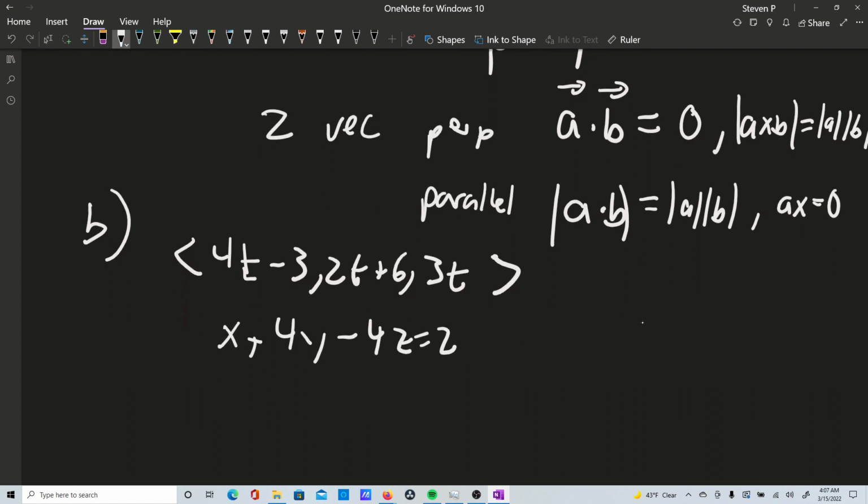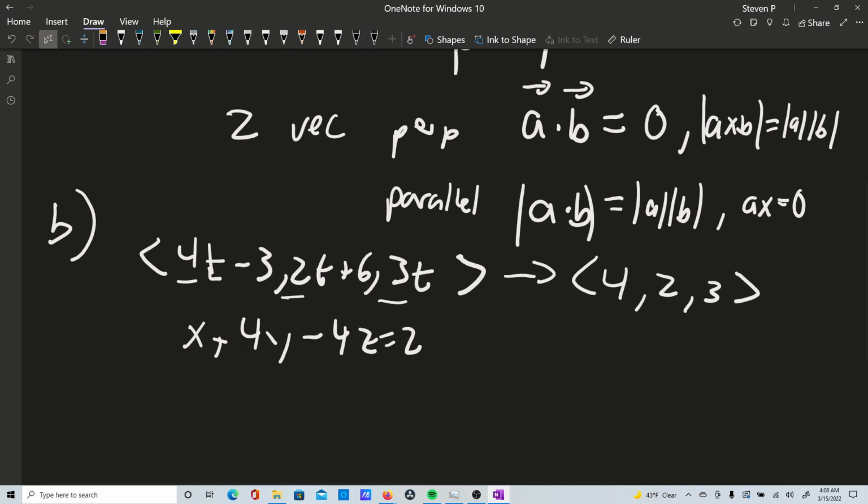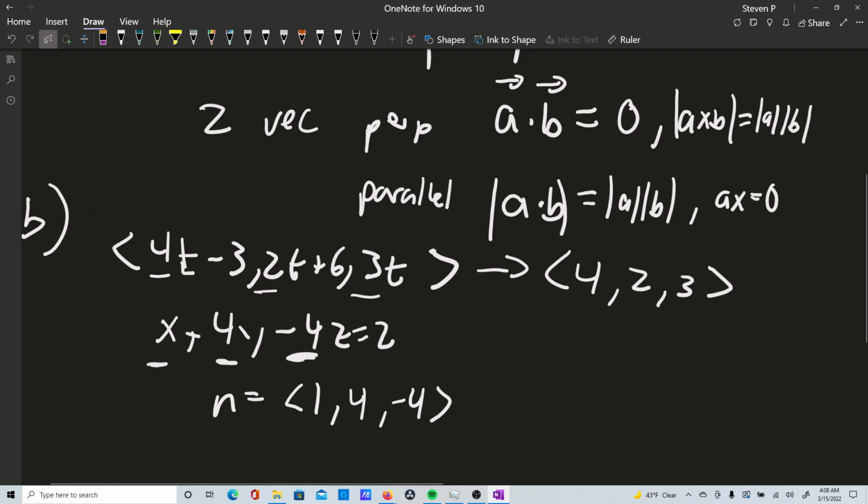And of course, when we have problems asking about whether a line is parallel or perpendicular to a plane, first of all, this line just becomes 4, 2, and positive 3. For the same reason as before, we only need to care about the coefficients in front of the t. And this one right here becomes the normal vector 1, 4, and -4. You should recall, you can get the normal vector just from the coefficients in front of each of the variables.